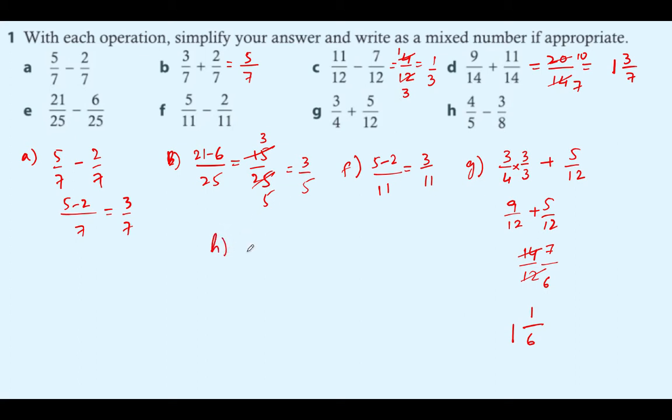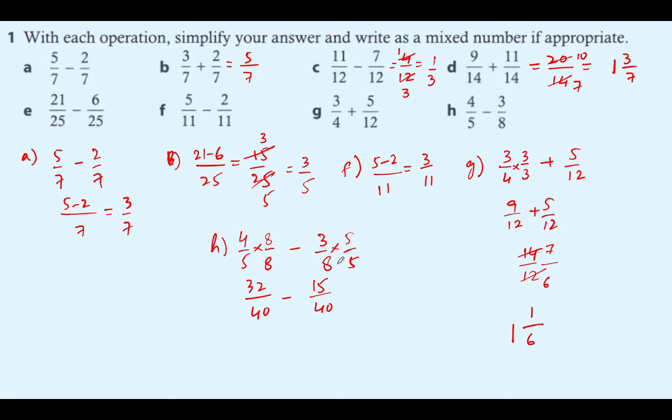Now part H, it's 4 over 5 minus 3 over 8. So if we multiply this by 8 and this by 5, the denominators will become the same. 8 5s are 40 and this becomes 32 and this is 15.